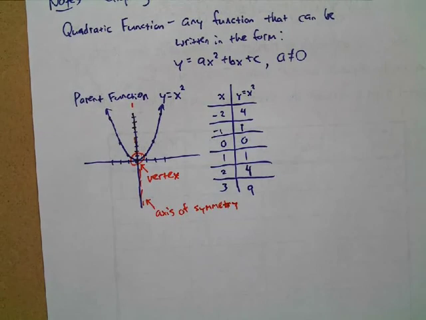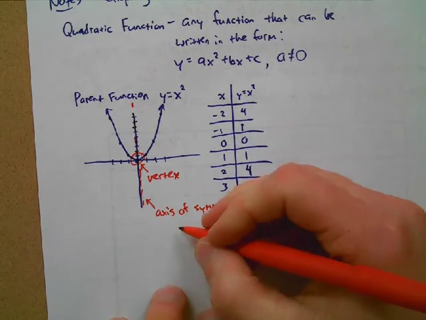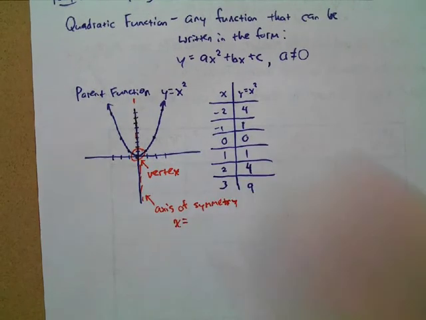The axis of symmetry will always be x equals, and for standard form there's a formula that I'm just going to give to you for our purposes here.